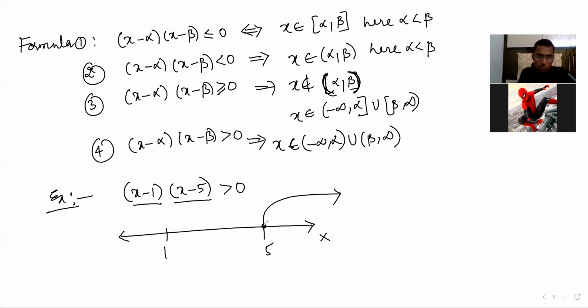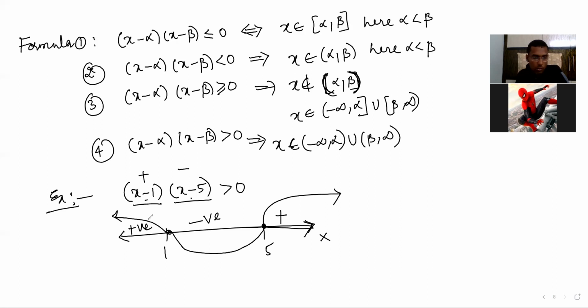Positive into positive, positive. That means if you take x value greater than 5, then the expression is positive. Between 1 and 5, this is negative, like previous only. Greater than 1 means this is positive, less than 5 means this is negative. Positive into negative, negative. Therefore, this is going to be negative. And this is again positive.